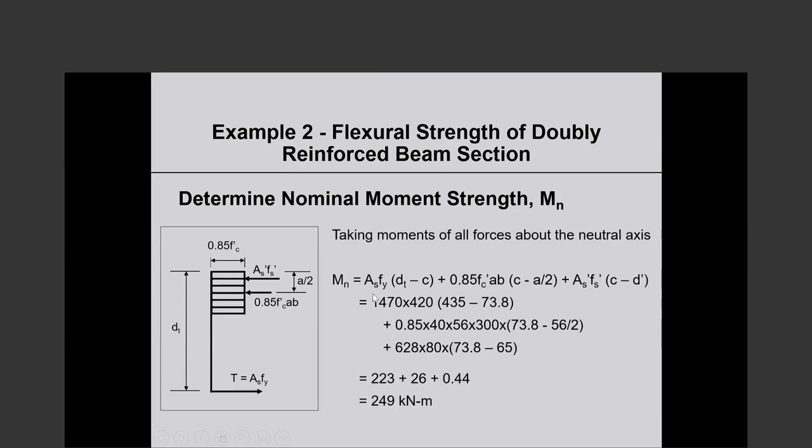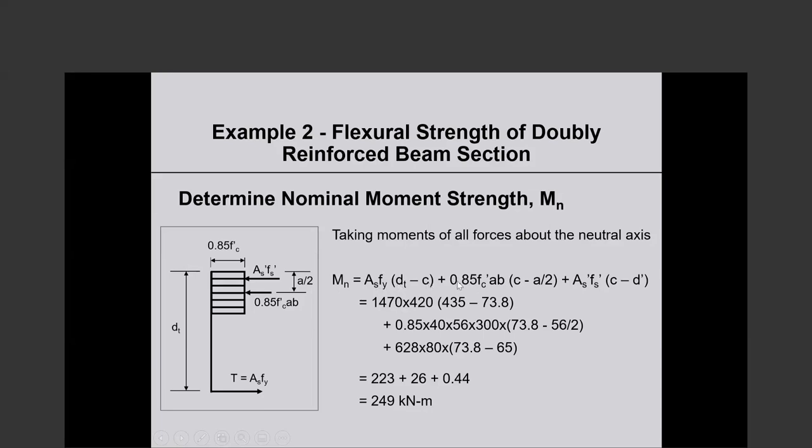So now we are in a position to calculate the nominal moment strength, and it is nominal moment strength because the extreme compression fiber strain is 0.003. So we will take internal moments of the forces. In this case we are taking moment about the neutral axis. It doesn't make any difference where you take your moments. So this is the tensile steel force multiplied by its distance from the neutral axis.